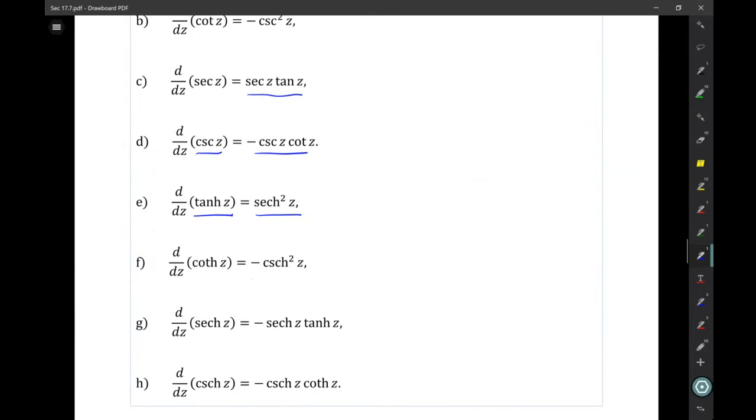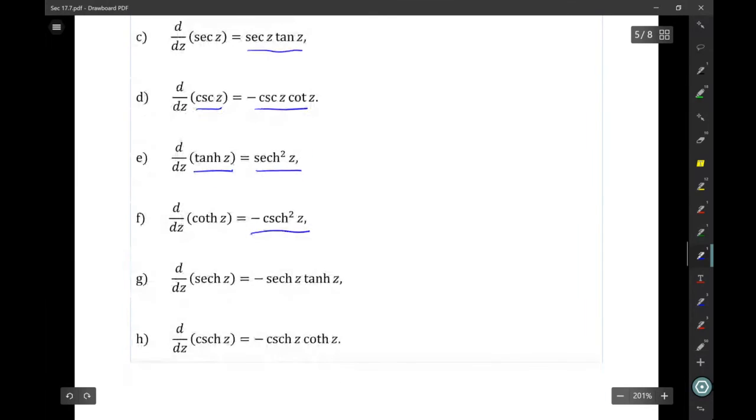Cotan hyperbolic minus cosecant square hyperbolic. Secant hyperbolic minus secant tan. This is the only difference between real and the complex. Here in complex we have negative. Okay, in real we have the same.